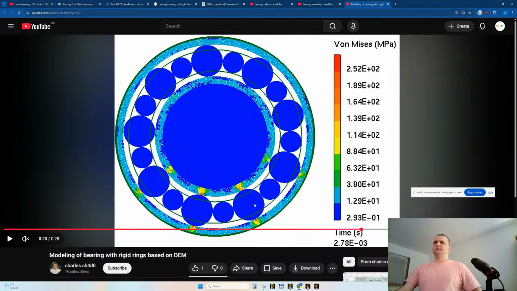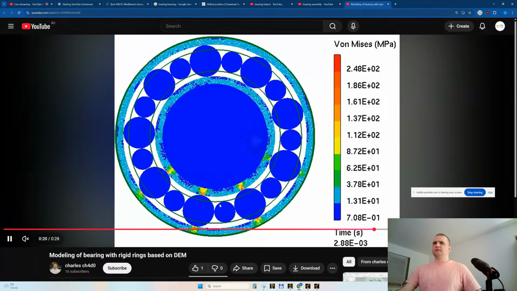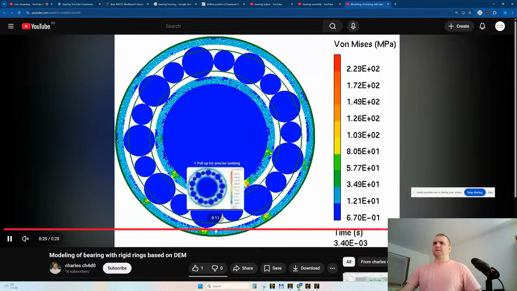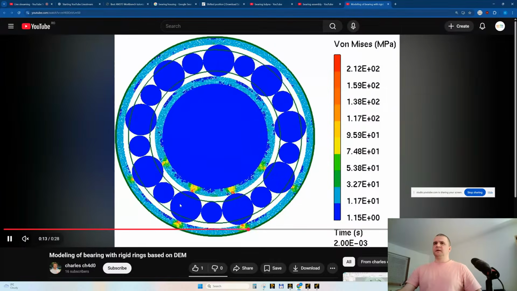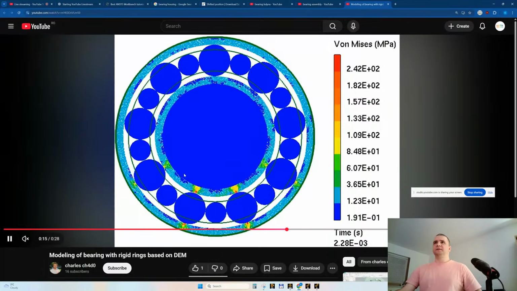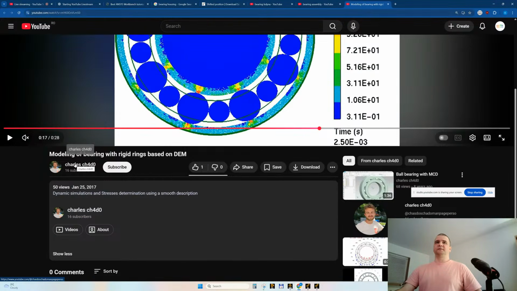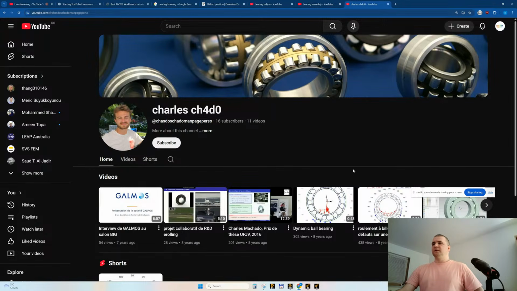Let me understand: the big balls touch the races, and the small balls touch this cage, and they seem to rotate. It's very nice, the first time I see something like this. It's very cute. Do we have something more?